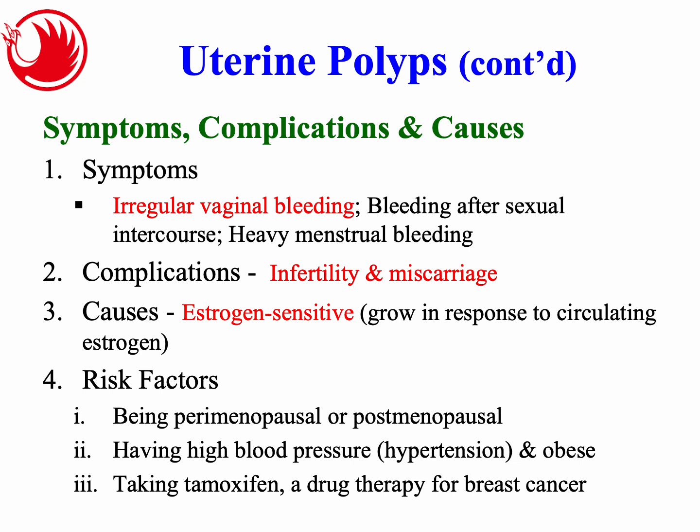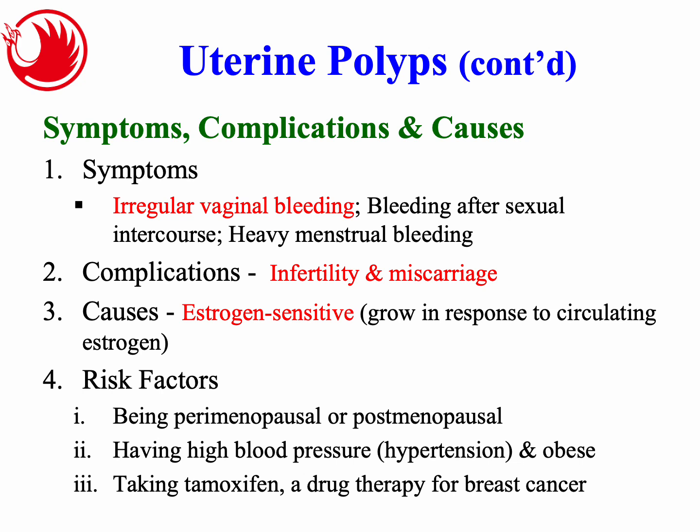Certain factors can increase the risk of developing uterine polyps, such as being perimenopausal or postmenopausal, because during this time hormone changes contribute to polyp growth. The level of estrogen in the body rises and falls unevenly during this period.